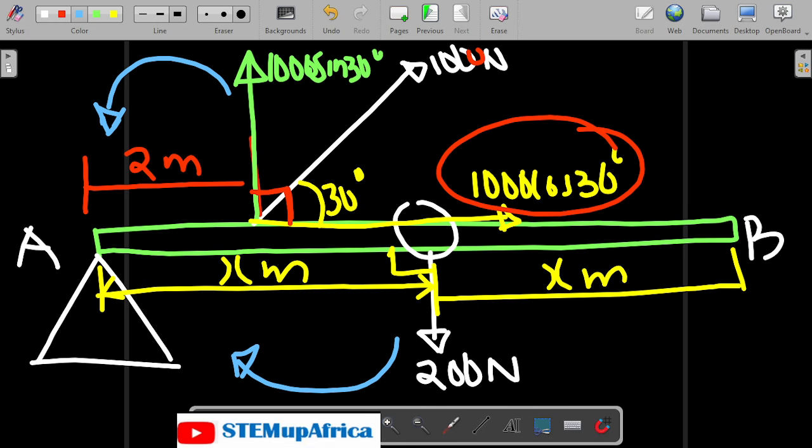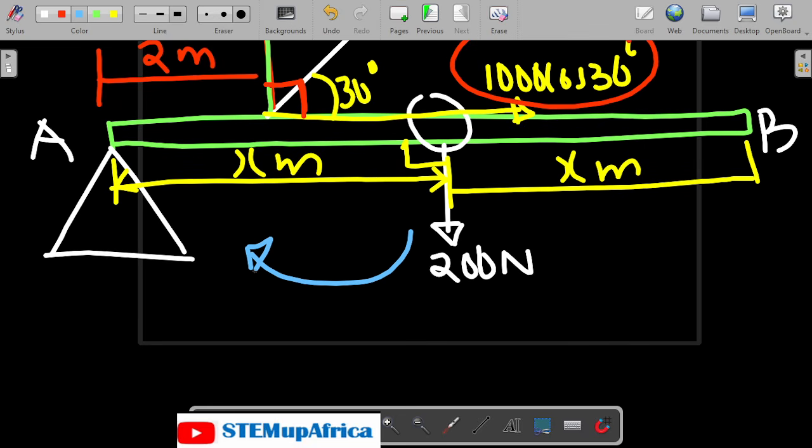In fact, the 1000 sine 30 is anti-clockwise, while the 200 is clockwise. One of the principles of moment says that the sum of clockwise moment must be equal to the sum of anti-clockwise moment. The distance from 1000 sine 30 to the pivot is 2 meters, while the distance of 200 Newton to the pivot is X meter.